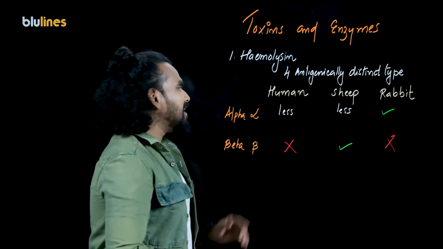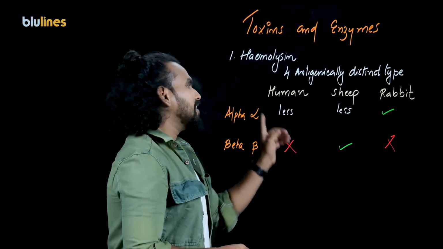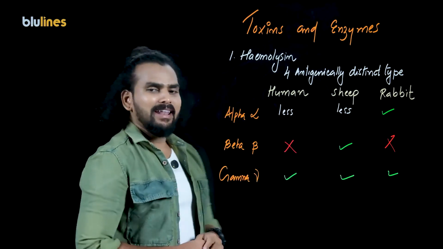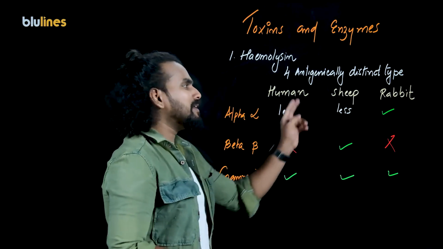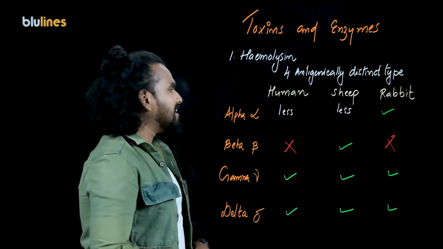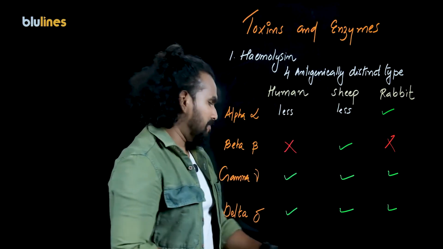And the beta-lysin is lytic to sheep RBC and not to human and rabbit RBC. Then gamma-lysin is lytic to human, sheep and rabbit RBC. Then the delta-lysin is lytic to human, sheep and rabbit RBC.